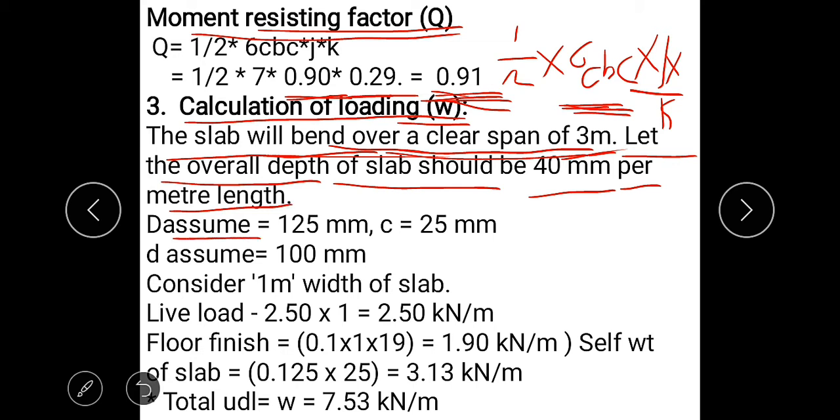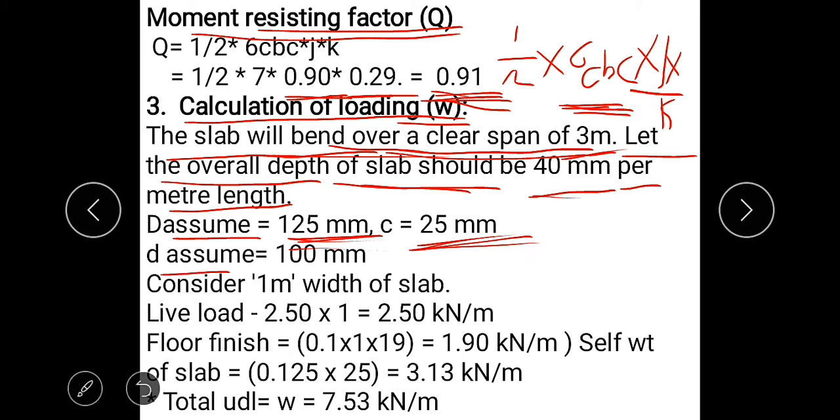So we firstly assume D, the depth of the slab, is 125 mm and the cover is 25 mm.